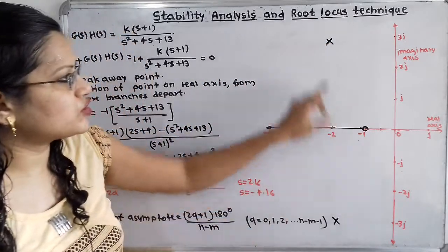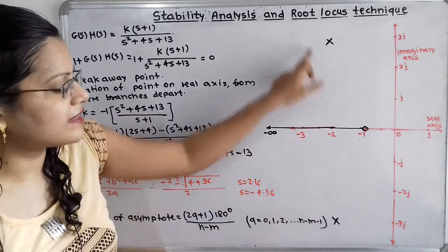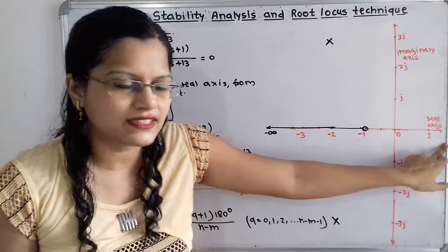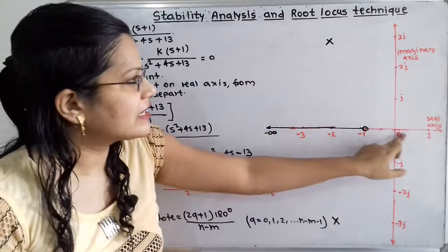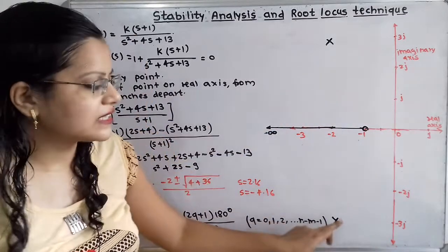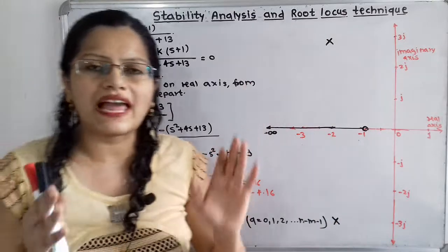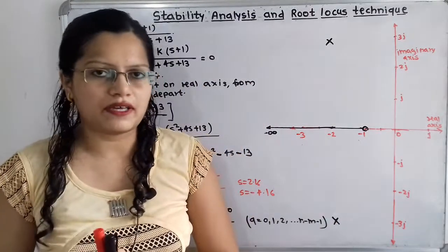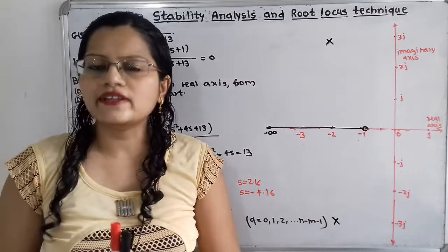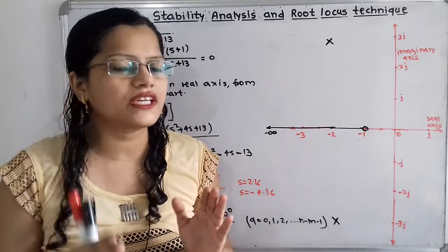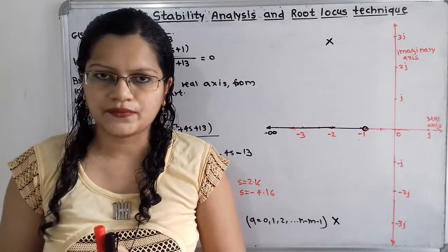So for this question, because these poles are symmetric about the real axis and do not lie on the real axis and imaginary axis, we are going to calculate the angle of departure. These three are the most important points you have to apply for each and every question.